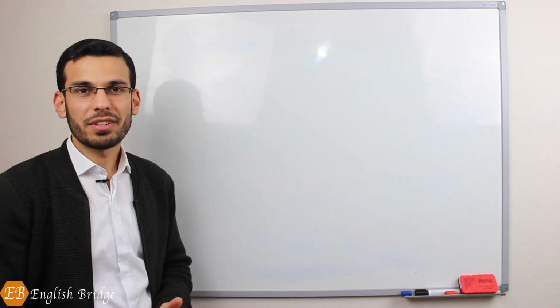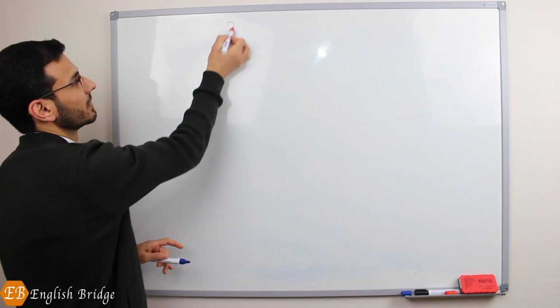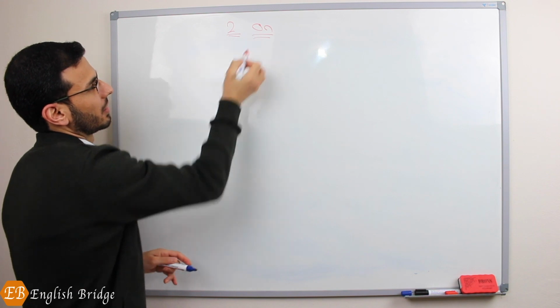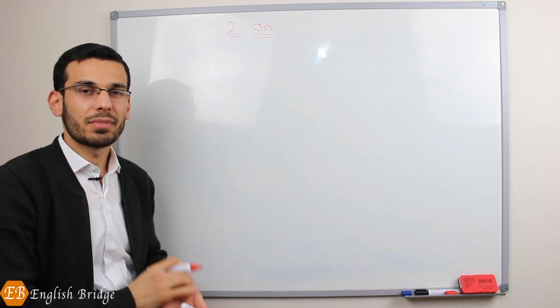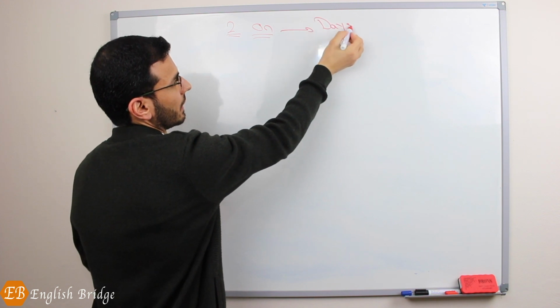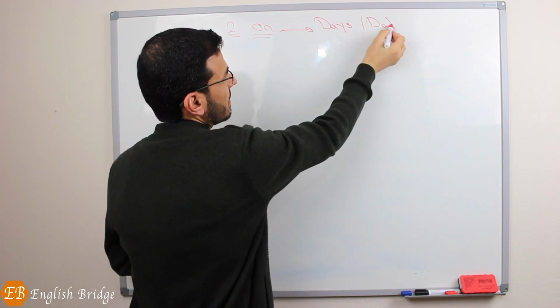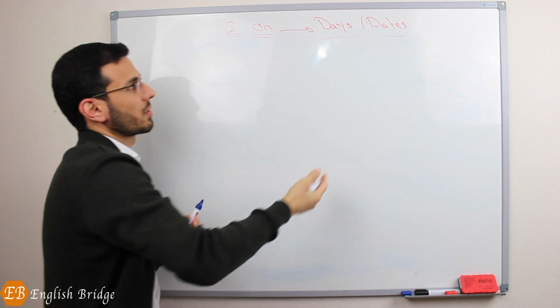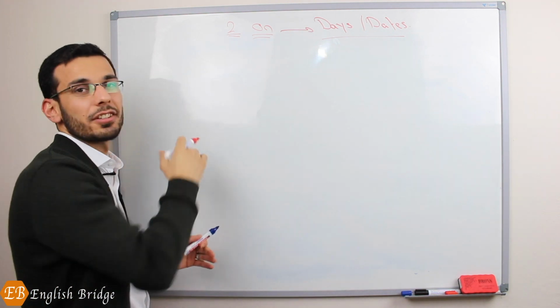Now, the second one that we have is on. And this is the easiest one, because we use it only to talk about days and dates. So every time you want to talk about days or dates, you should precede them with on.